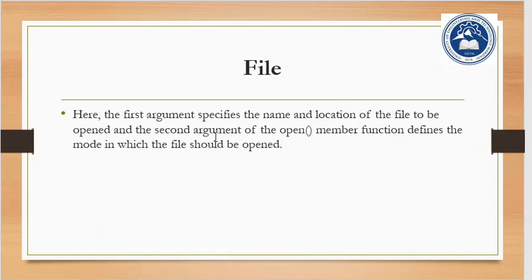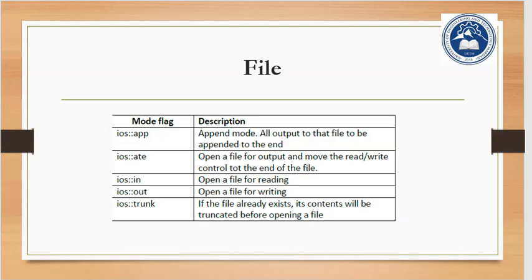The second argument of the open member function defines the mode in which the file should be opened, that is, in which mode you want to open the file. So these are the modes. Append mode: all output to that file is appended to the end.